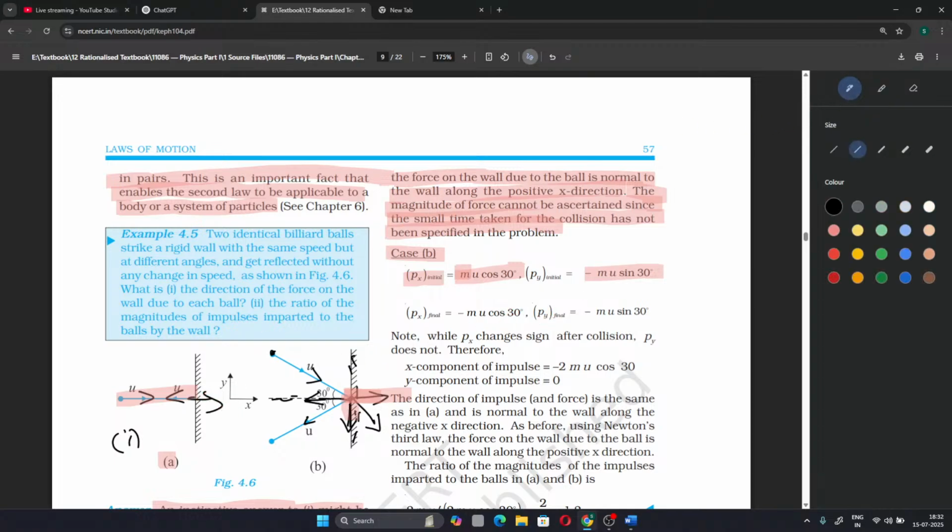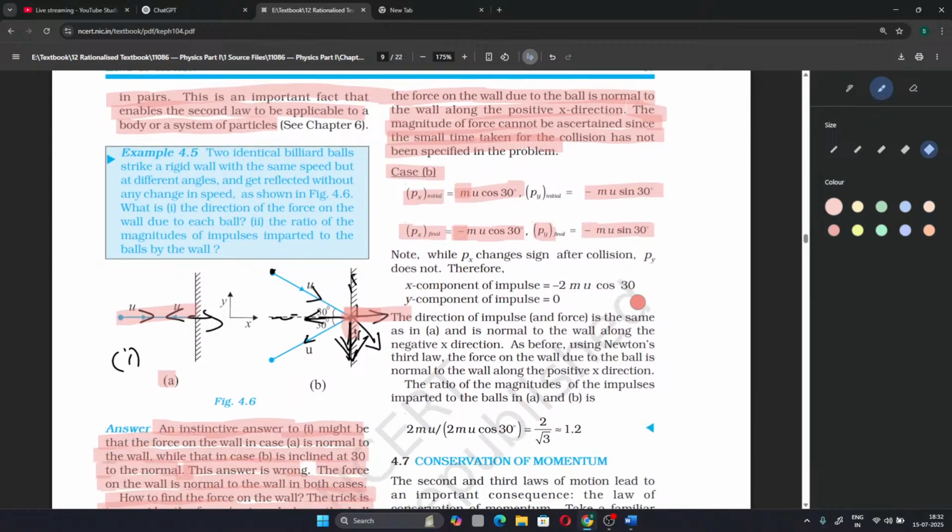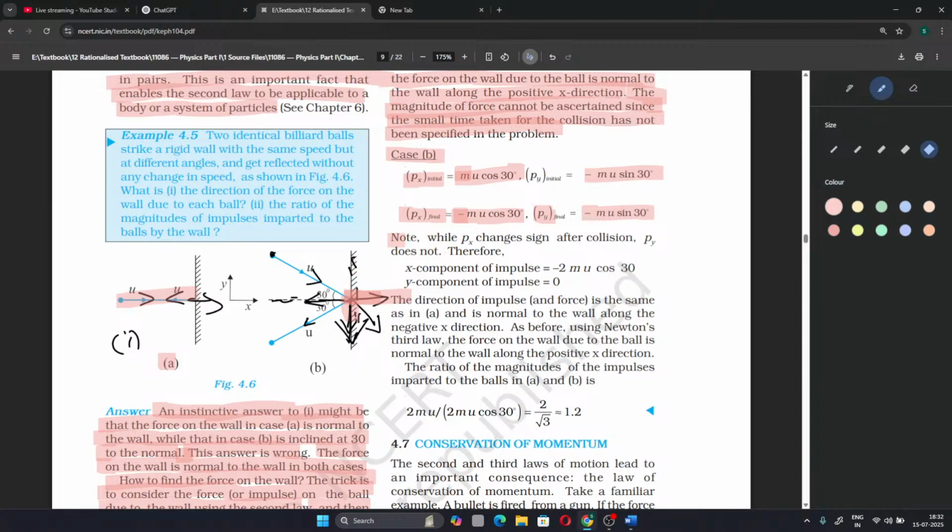When we resolve it, we got it to be in this direction. That is why they took minus here. And Px final in the x direction is minus mu cos theta, and Py final is minus mu sin theta. Note, while Px changes sign after collision, Py does not change. Therefore, x component impulse is minus 2 mu cos theta and y component impulse is 0.